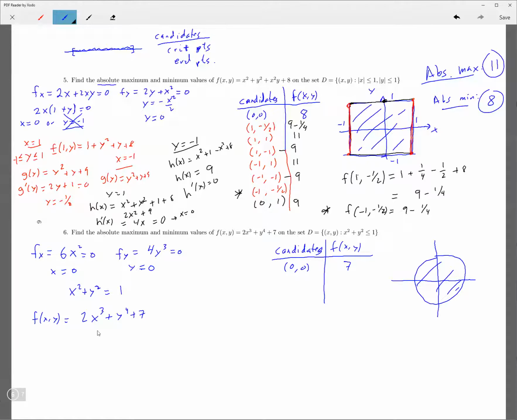So you want to rewrite this function in terms of only y's or only x's by using this condition right here. Okay, so does anybody see a path to do that? We could take this relationship and use it to eliminate one of the variables here.